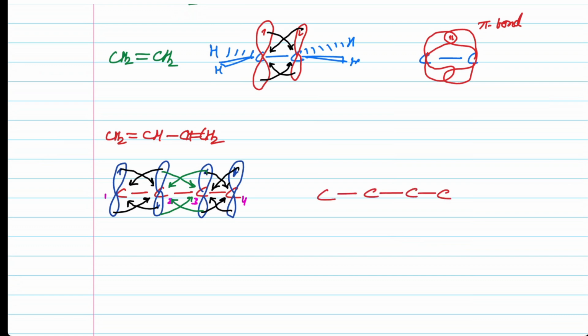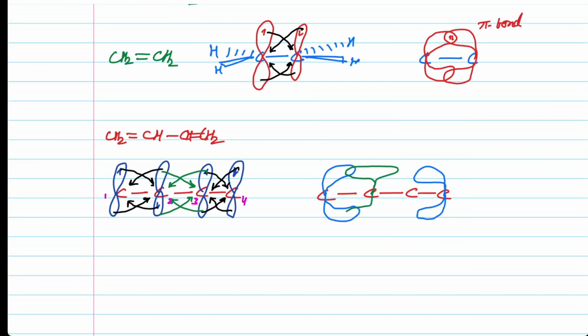The electron cloud of the carbon number 1 will be deformed towards the carbon number 2. The electron cloud of carbon number 4 would be deformed towards the carbon number 3. The electron cloud of carbon number 2 will be pulled from two sides, and since it is being pulled from the two sides, it will deform in this manner.